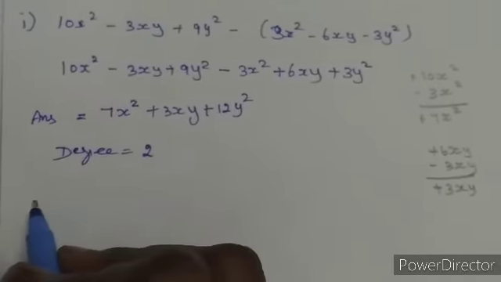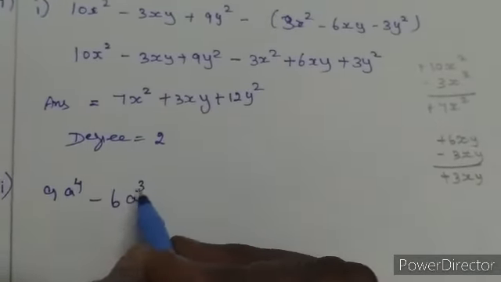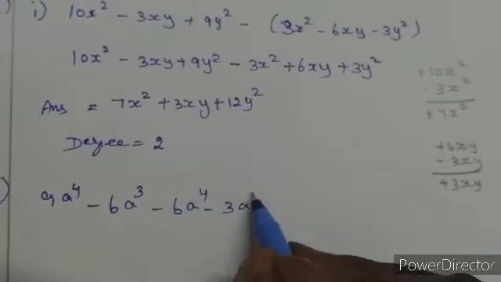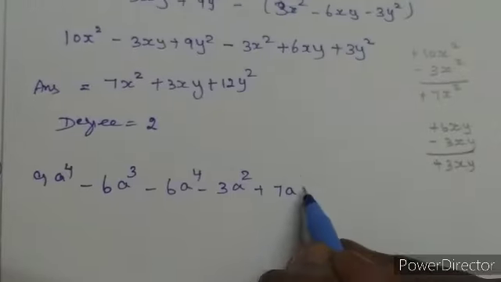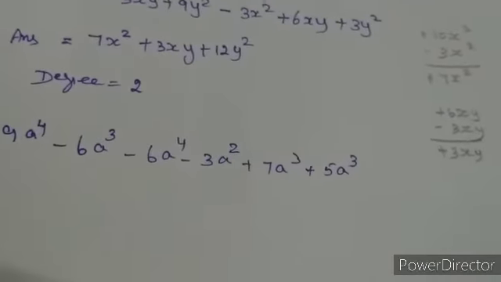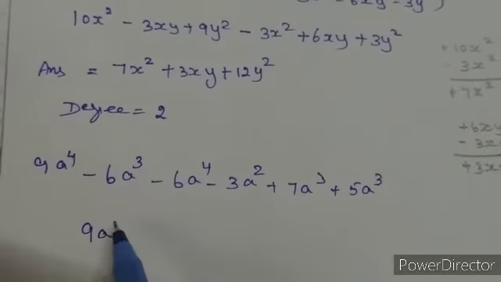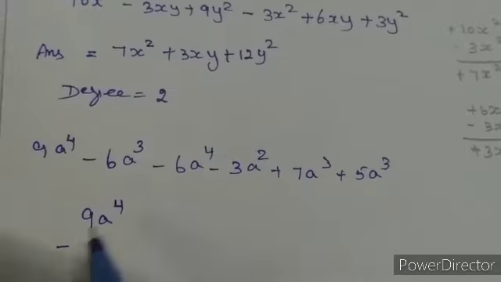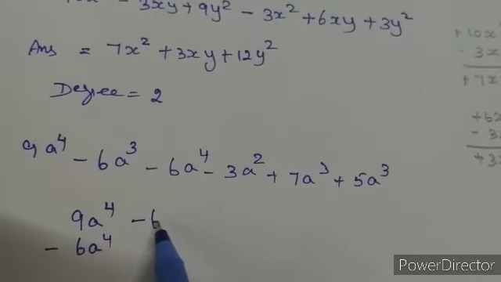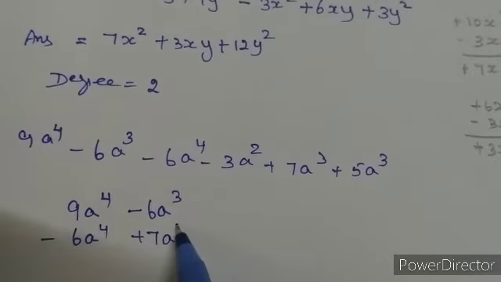It is 9a power 4 minus 6a cube minus 6a power 4 minus 3a square plus 7a cube plus 5a square. Yes, we can arrange the like terms. 9a power 4 minus 6a power 4. Next minus 6a cube, here it is plus 7a cube.